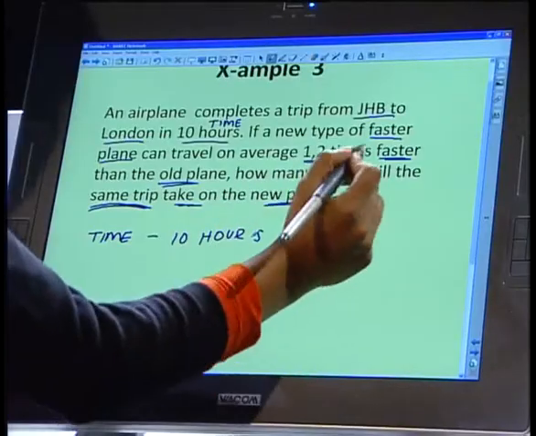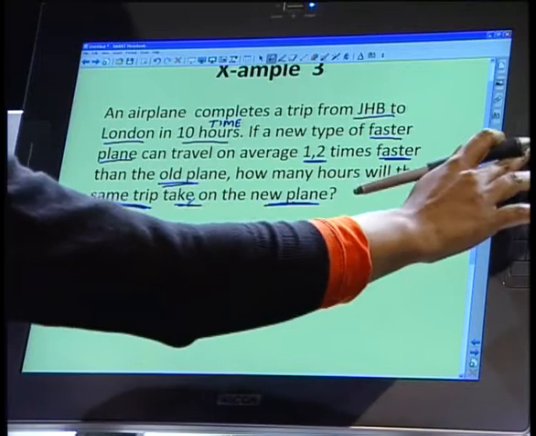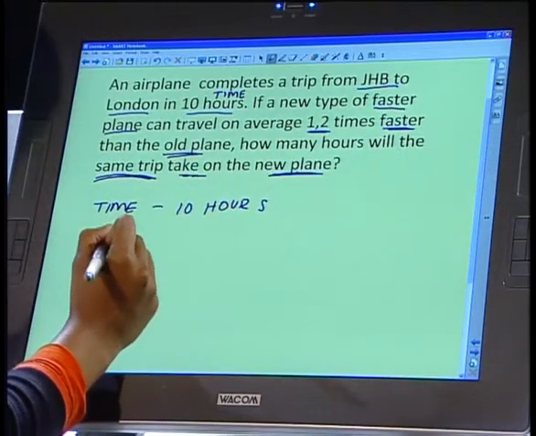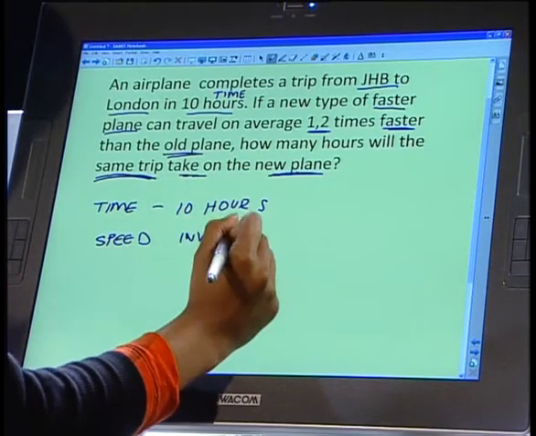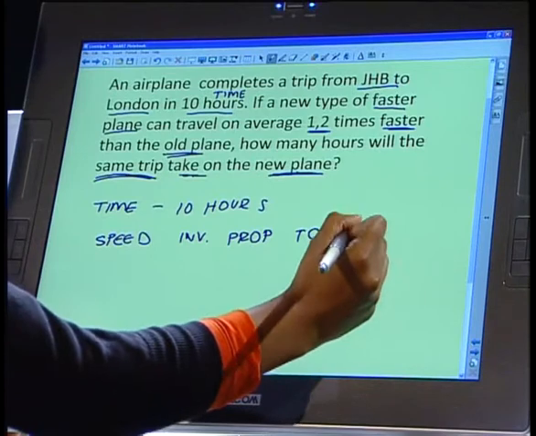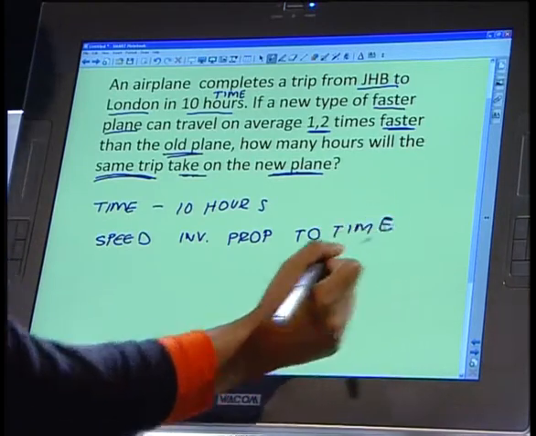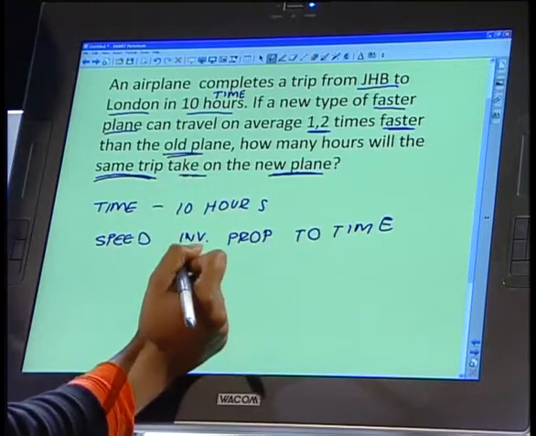So when they ask you how many hours will the same trip take, really what you're keeping in mind here is that speed is inversely proportional to time. Again, the faster you go, the quicker you're going to get there.